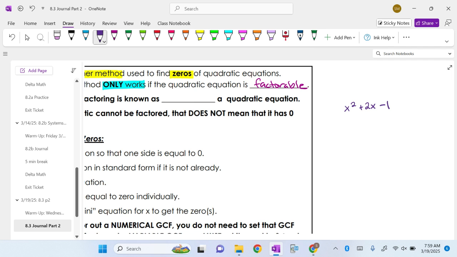Is that possible? So we know our two factors have to be -1 and 1. Does -1 plus 1 give us 2? No. That's still a quadratic. That still has solutions, but it is not factorable, so we can't use the factoring method. So this is actually an example of a non-factorable quadratic.